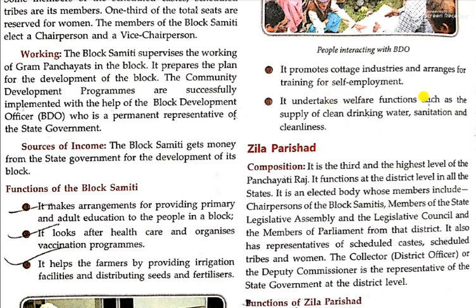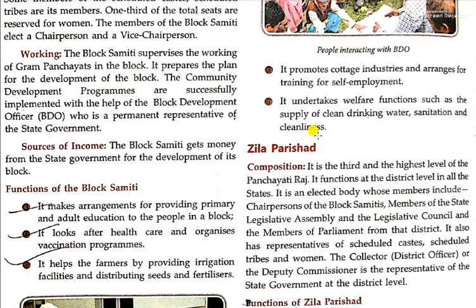It undertakes welfare functions such as the supply of clean drinking water, sanitation, and cleanliness. Welfare means well-being. They supply clean drinking water to the villages. Then they make sure that there is a proper sanitation facility.